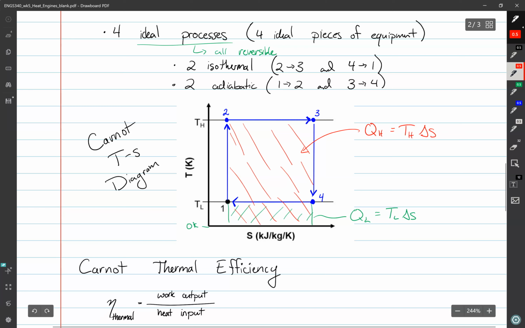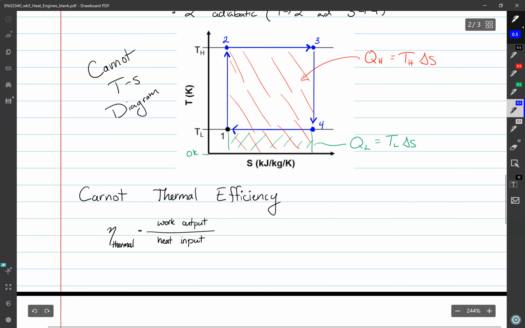So these are special cases of our generic equation for a reversible process, which is Q equals the integral of T dS.